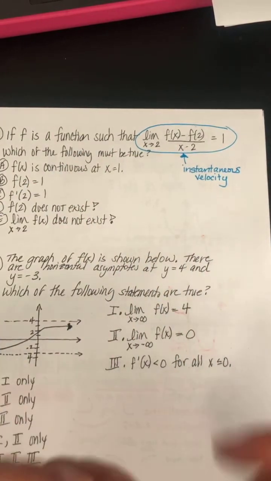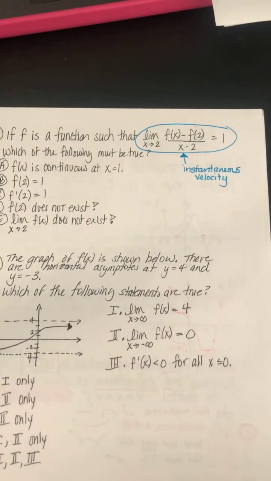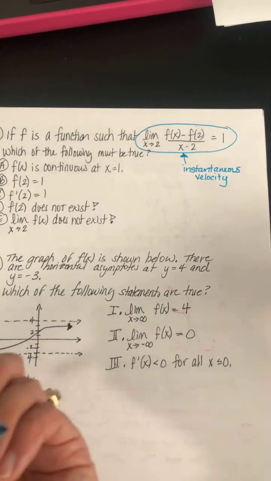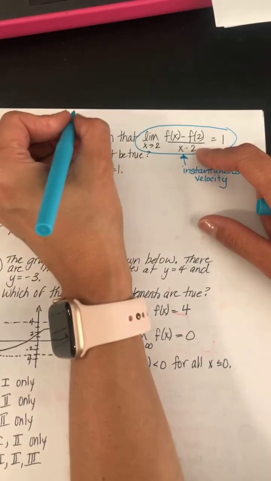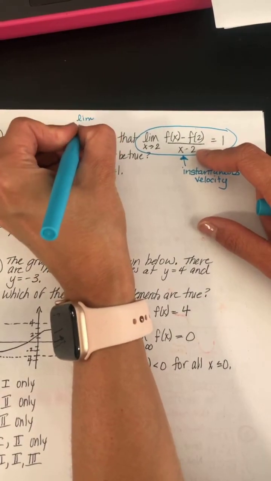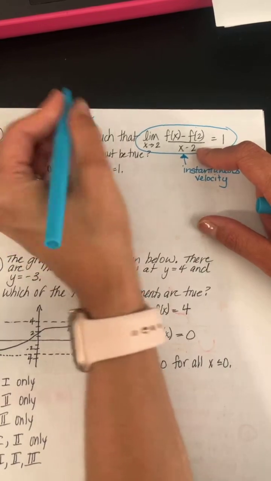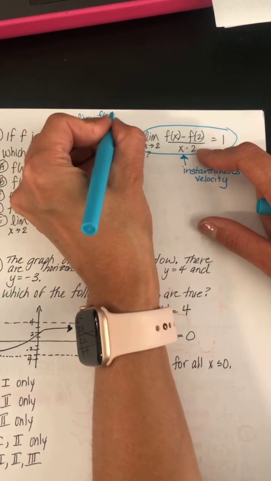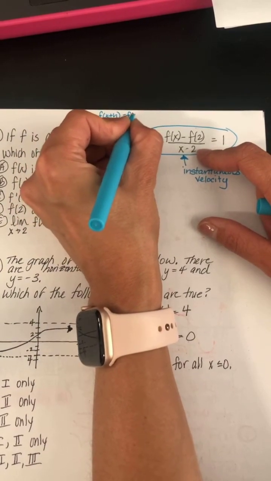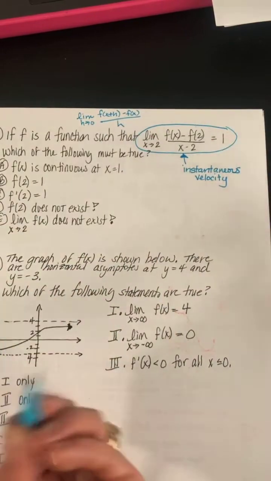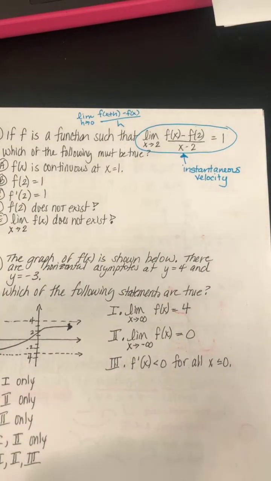When we're finding instantaneous velocity, we're finding the slope of the curve at that point in time, which is also the derivative. Another way that they would present this question is they might use the definition of a derivative. So the limit as h approaches 0 of f of x plus h minus f of x all over h. You might see it that way too. And that's using the definition of derivative.